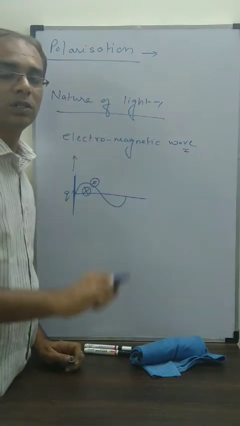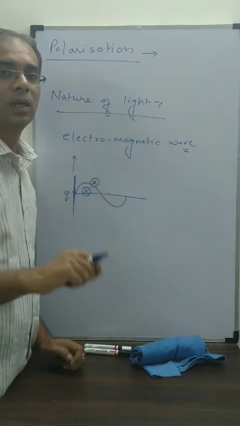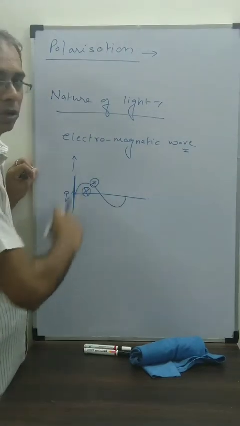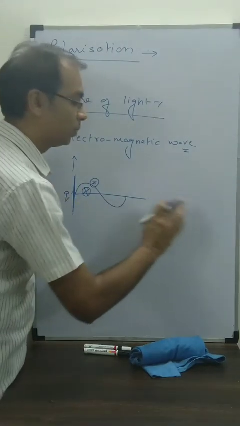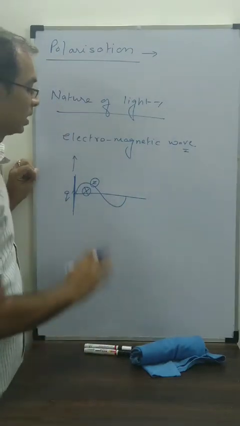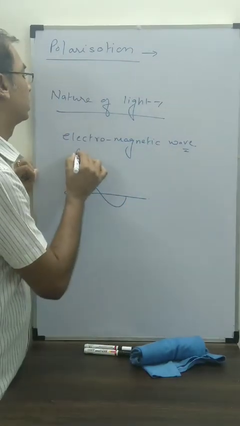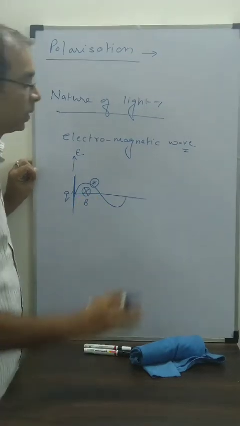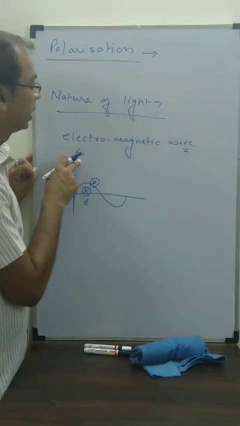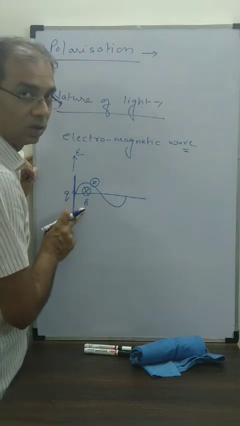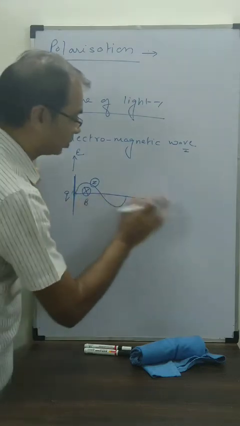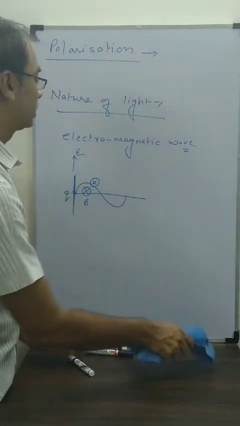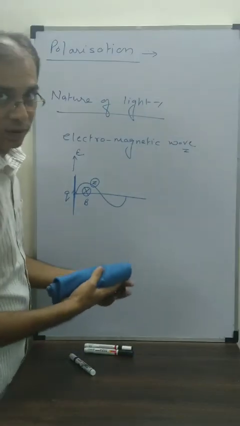If we oscillate our hand like this, then energy moves along the x-axis. In the same way, if the charge oscillates along the y-axis, the energy will be propagated along the x-axis, in the form of electric field and magnetic field. The electric field oscillates along the y-axis, the magnetic field oscillates along the z-axis, and the light moves along x. So light is actually an electromagnetic wave.